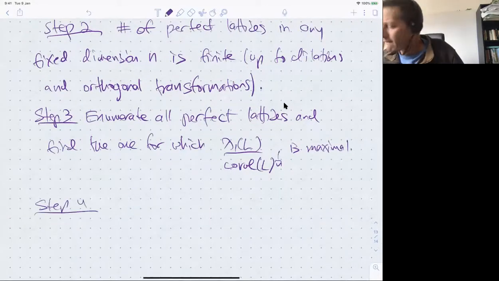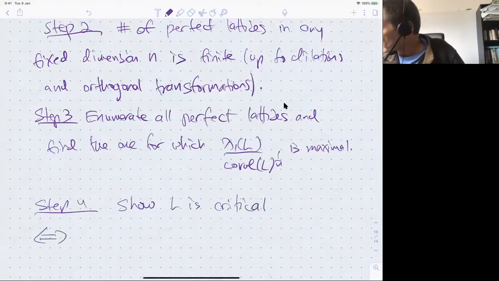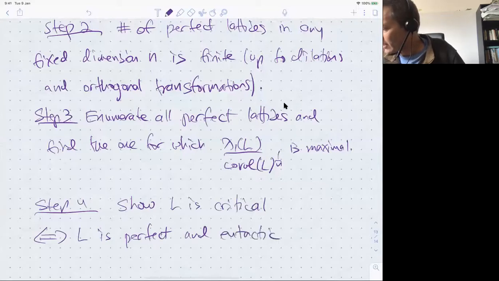And step 4, show that L is critical if and only if L is perfect and eutactic, which I'll also define later.